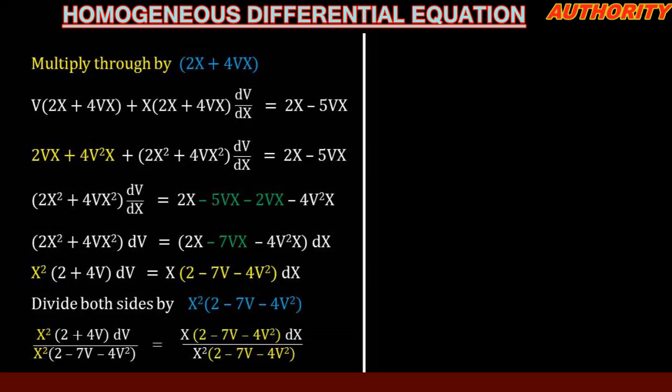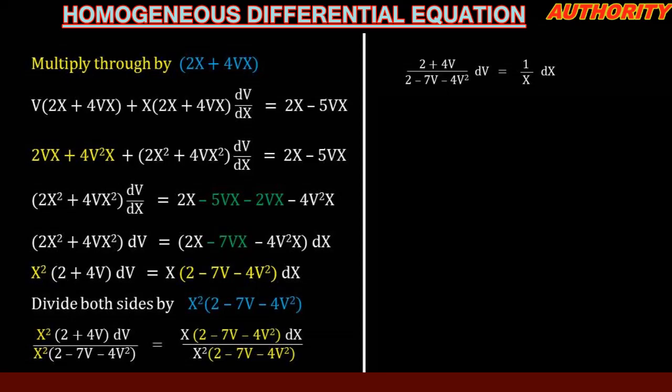So after the cancellation, we are going to be left with 2 plus 4v all over 2 minus 7v minus 4v squared dv equal to, in our right hand side, 1 all over x dx.